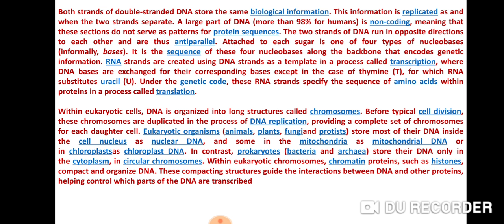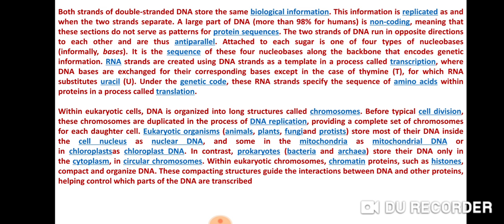Within eukaryotic cells, DNA is organized into long structures called chromosomes. Before typical cell division, these chromosomes are duplicated in the process of DNA replication, providing a complete set of chromosomes for each daughter cell.